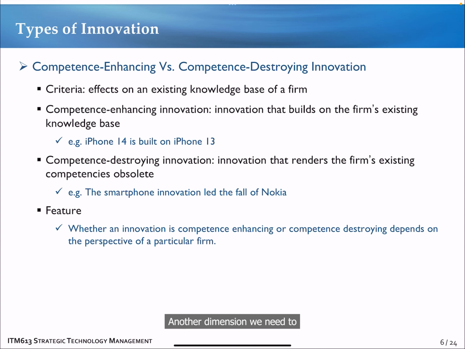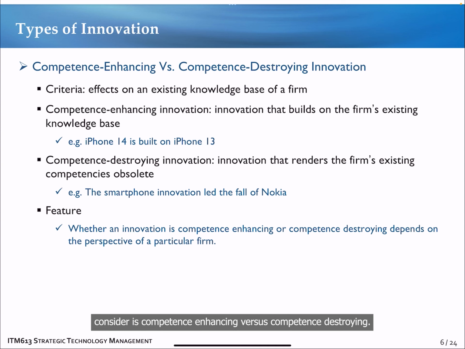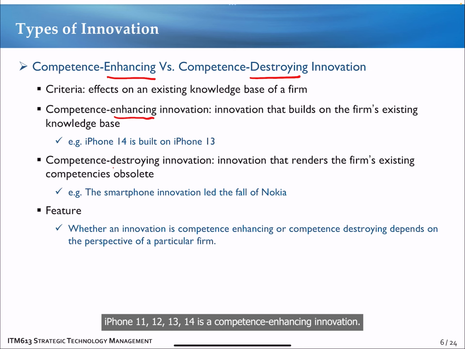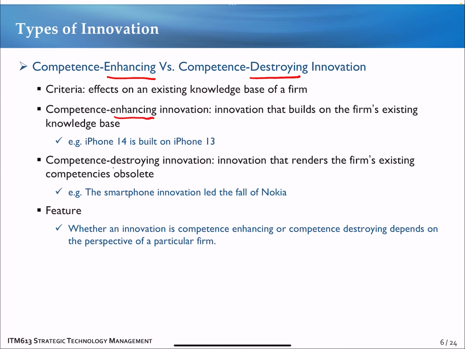One other dimension we need to consider is competence enhancing versus competence destroying. The criterion is the degree of effects on an existing knowledge base of a firm. An innovation is considered to be competence enhancing if it builds on the firm's existing knowledge base. For example, iPhone 11, 12, 13, 14 is a competence-enhancing innovation.